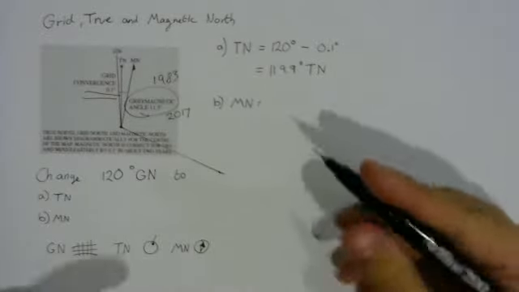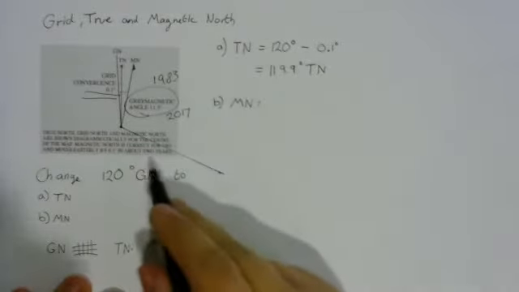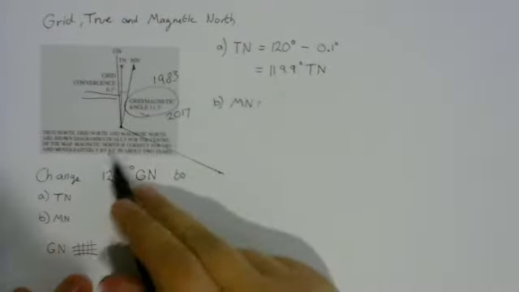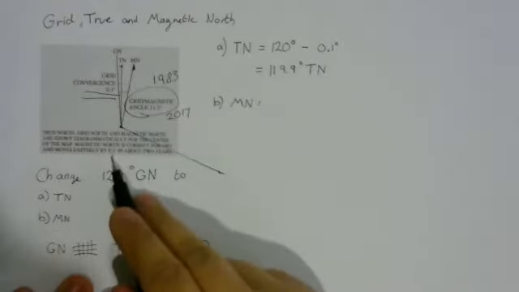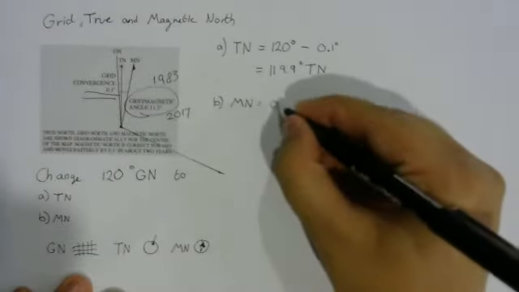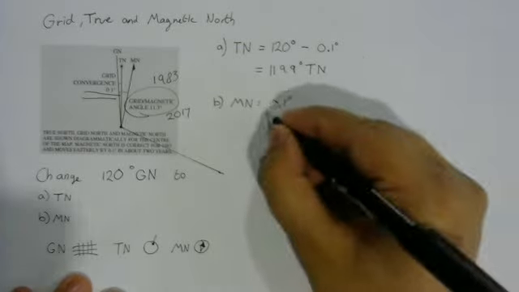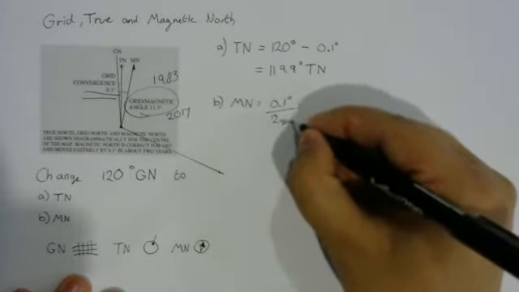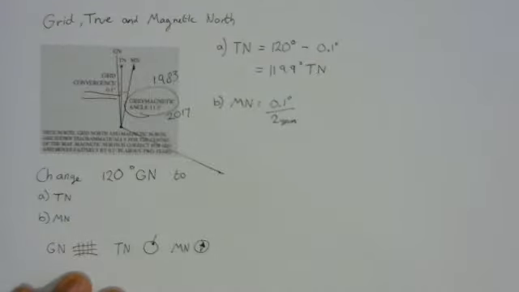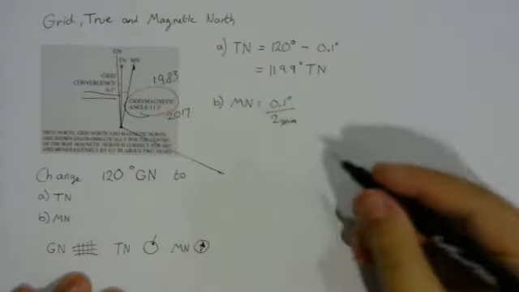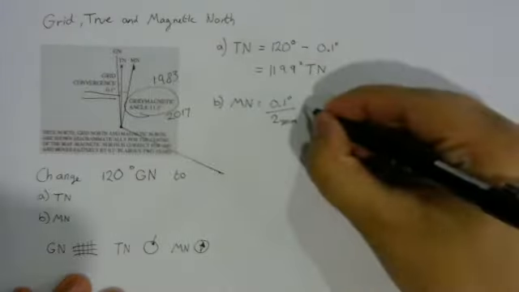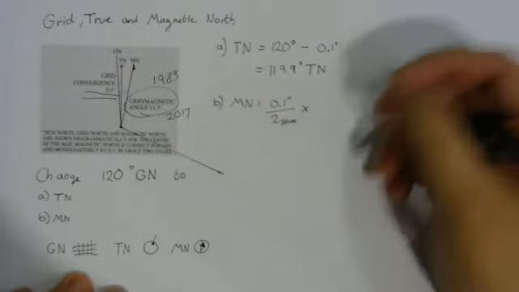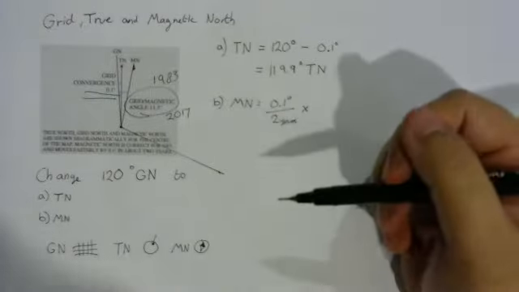So let's do that. We know that every 2 years this angle changes by 0.1 degrees. So 0.1 degrees per, so divided by 2 years. And to figure out that total change, we need to multiply that by the number of years since 1983.